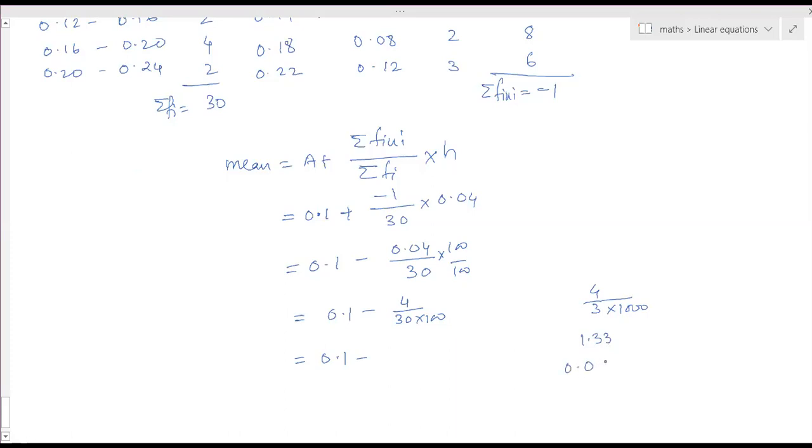Is that right? h is 0.04, yes, so divided by 1000, that means 3 decimal places, 0.00133. So 0.1 minus 0.00133. Do this subtraction.